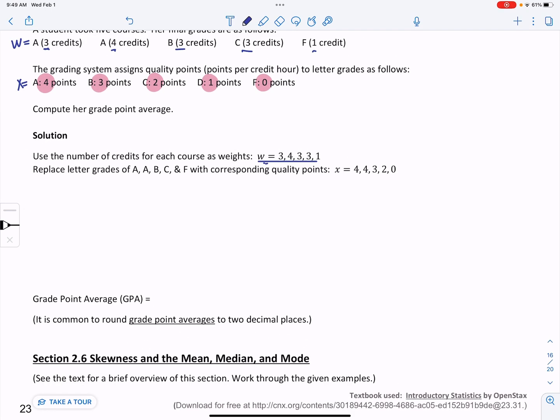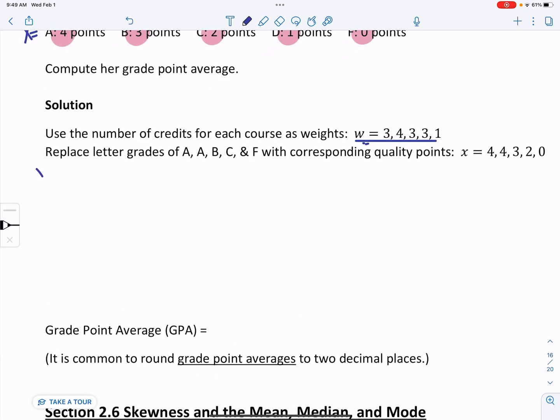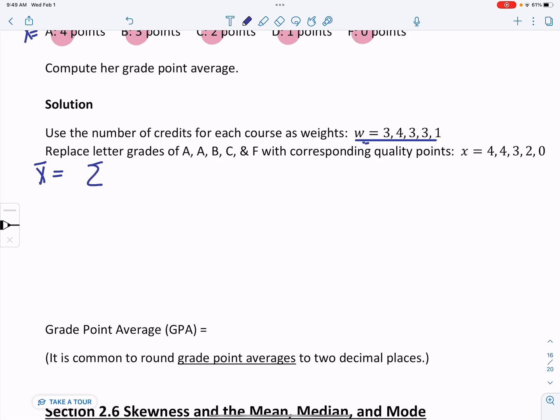So, to perform our calculation, and remember we're calculating an average, we need the sum of W times X over the sum of our W's.